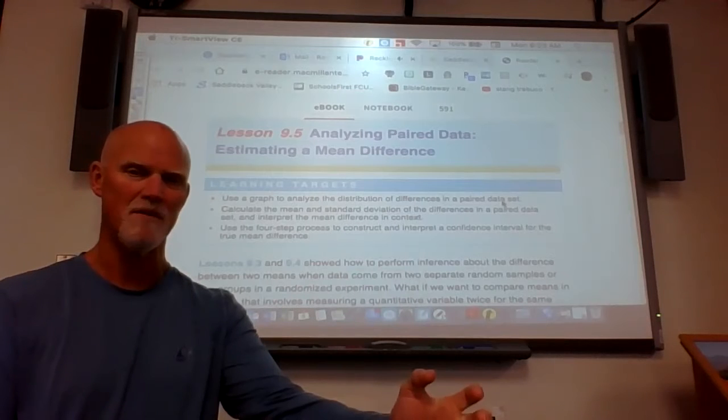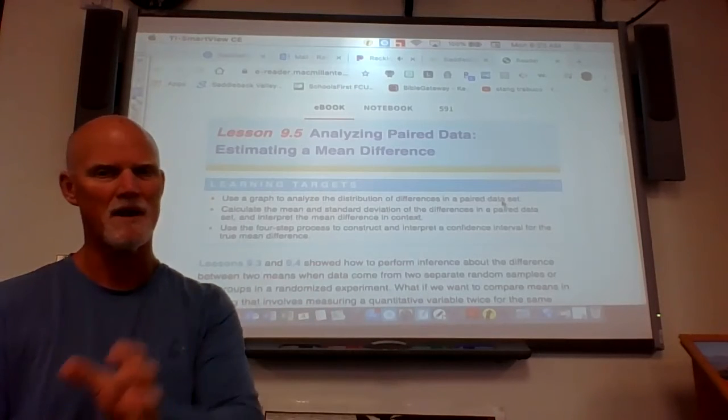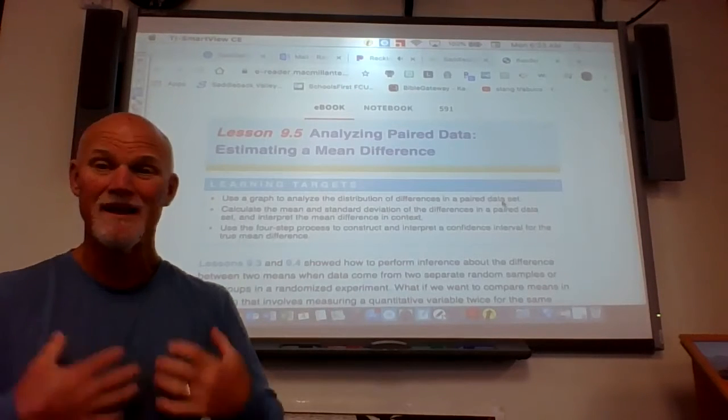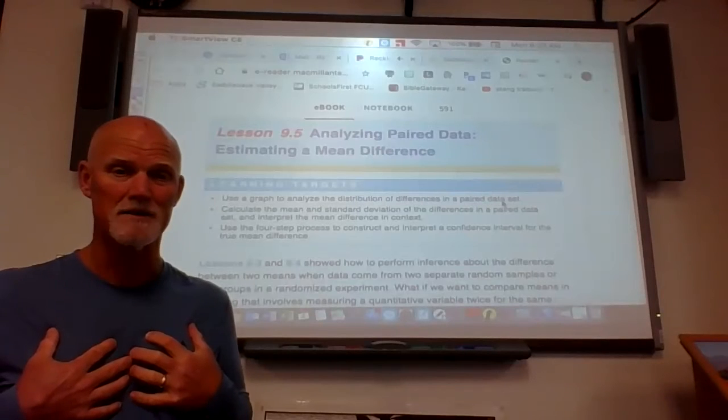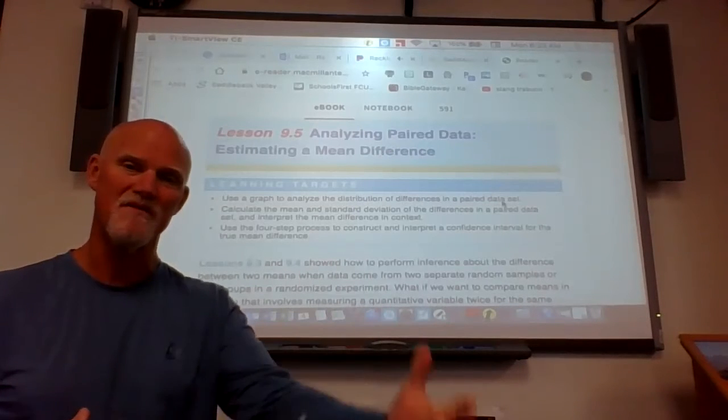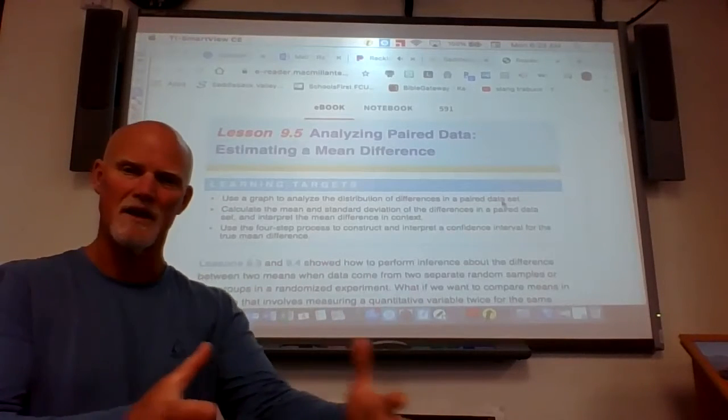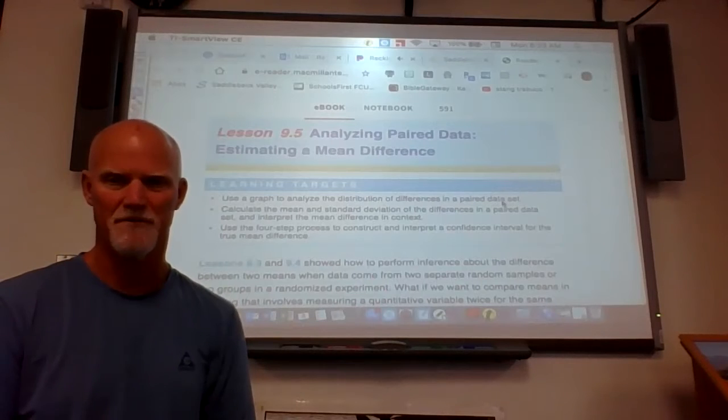Here's my weight before I went on the diet, here's my weight after. I am still the subject. I'm the same subject before and after, and we're looking for a difference.